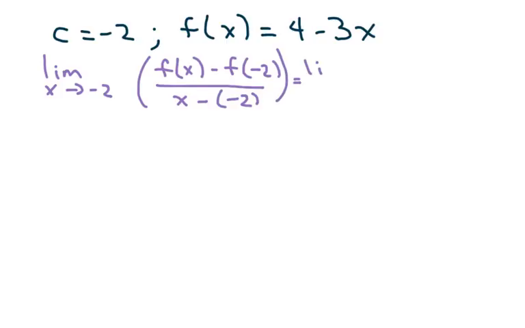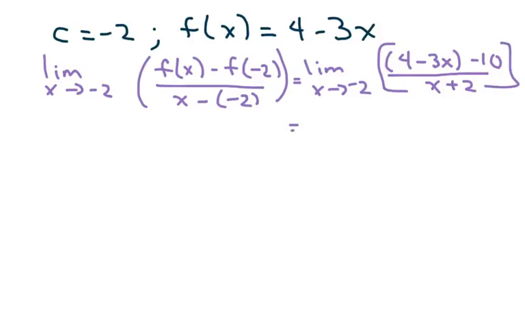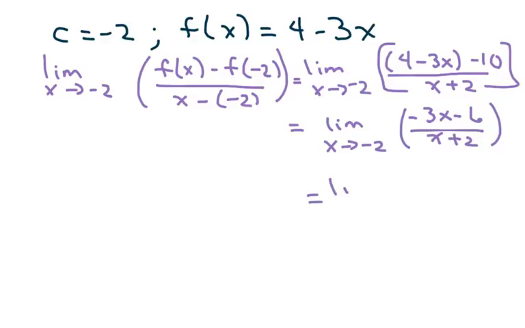And that's going to equal the limit as x approaches negative 2 of 4 minus 3x, and then you plug in the negative 2, and we're going to get minus 10 all over x plus 2, which equals the limit as x approaches negative 2 of negative 3x minus 6 over x plus 2, which equals the limit as x approaches negative 2 of negative, factor out the 3, the greatest common factor, the highest common factor.